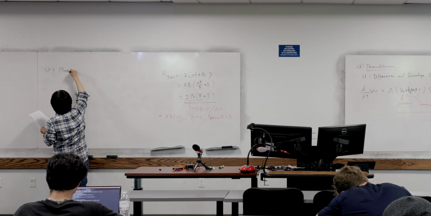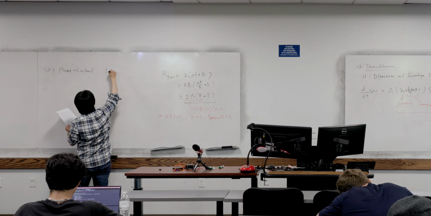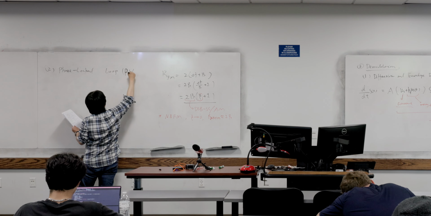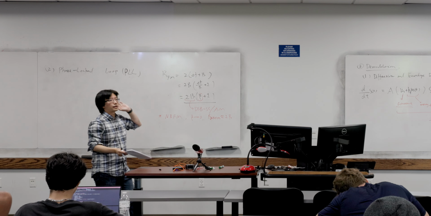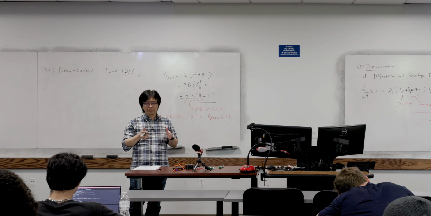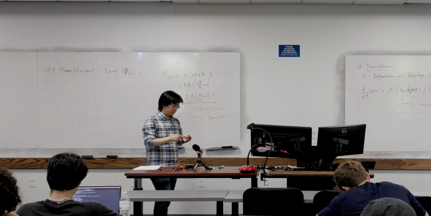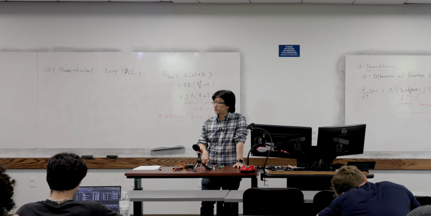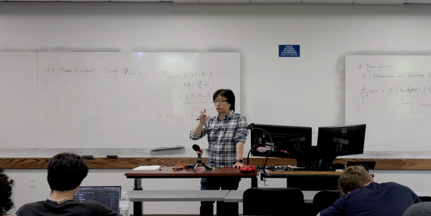A better, coherent demodulator is called the phase-locked loop, PLL. This phase-locked loop is used to get the phase of the cosine signal, as we said before. A big problem for the coherent detection of AM, or amplitude modulation, is that we cannot get the exact phase of the transmitted signal.